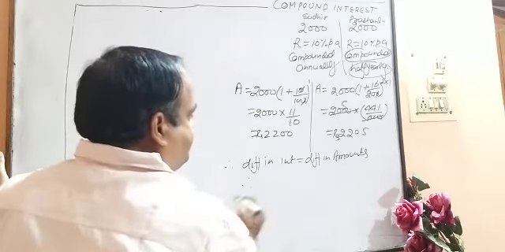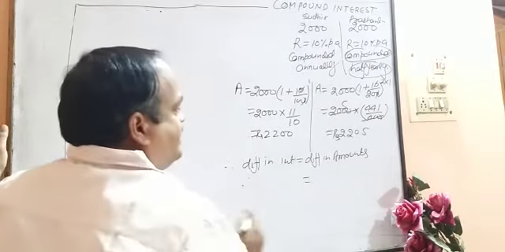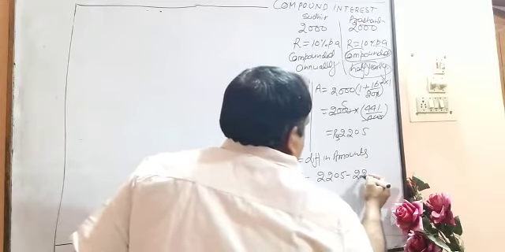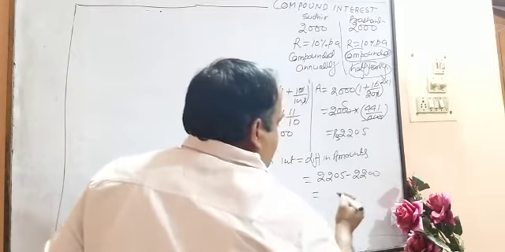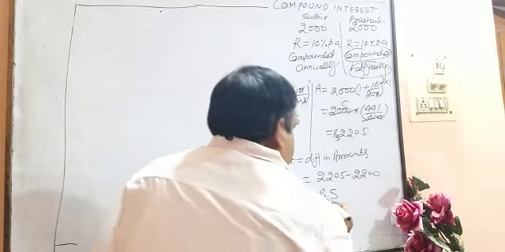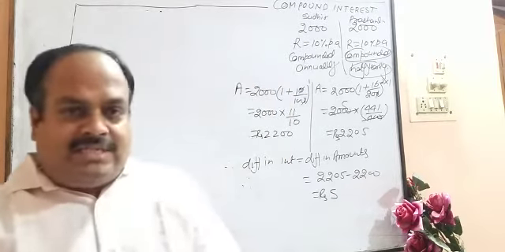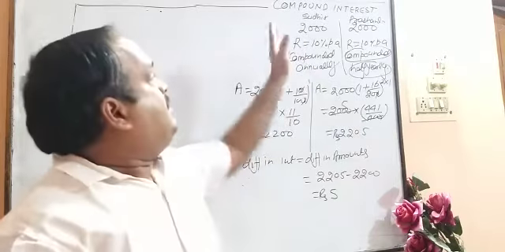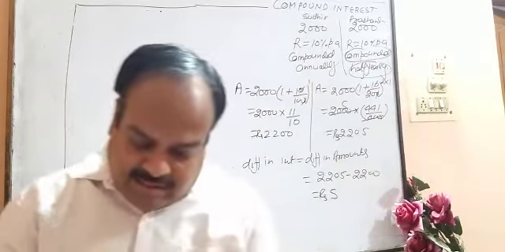Therefore, the difference in interest is 2205 minus 2200, which comes as 5 rupees. So 5 rupees is the difference in the compound interest received by Sudhir and Prashant.